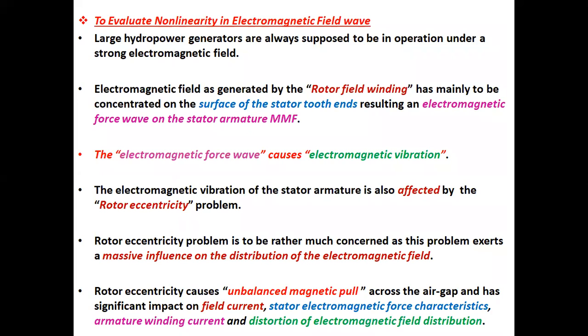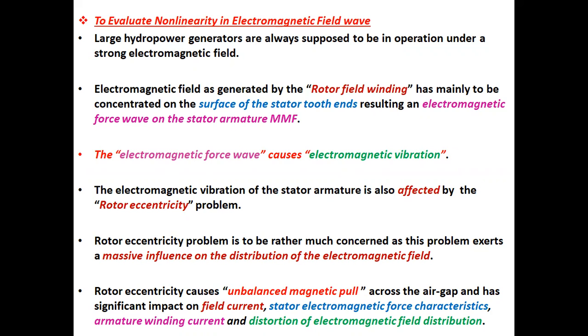The electromagnetic vibration of the stator armature is also affected by the rotor eccentricity problem. The rotor eccentricity problem is of much concern, as it exerts a massive influence on the distribution of the electromagnetic field.